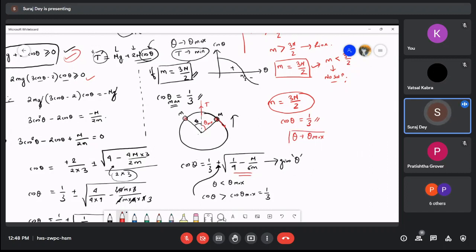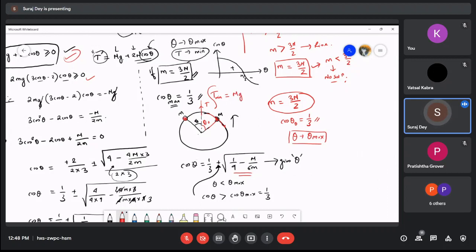Now, why is this the maximum? When the masses are at this particular configuration, let's say this is theta 0, and this is also theta 0, your tension is at its absolute minimum, right? Because it is just at the condition at which the ring can rise.